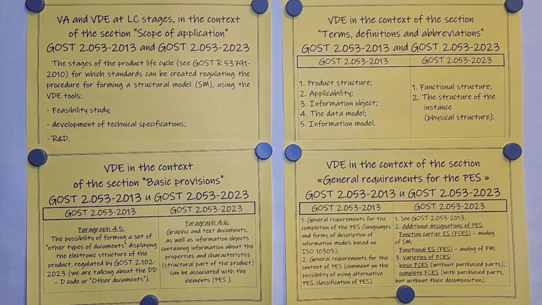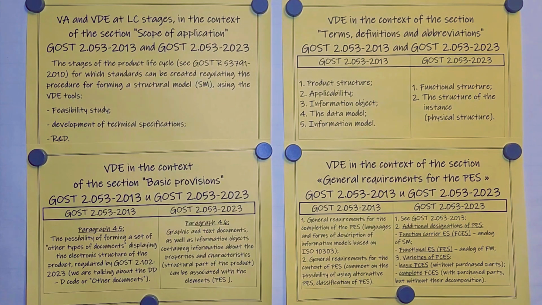I will only note that with regard to the functional product electronic structure, its applicability has been established, namely the milestones of the technical proposal, draft design and technical design, i.e. in the context of the design engineering documentation. There is no such restriction for a constructive product electronic structure, since it can also be clarified at a milestone corresponding to the stage of development of the working design engineering documentation, since it's the main design document.